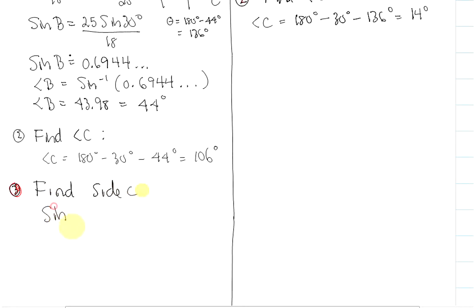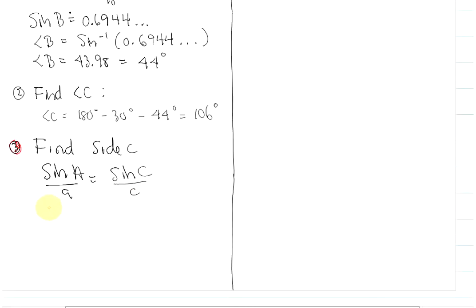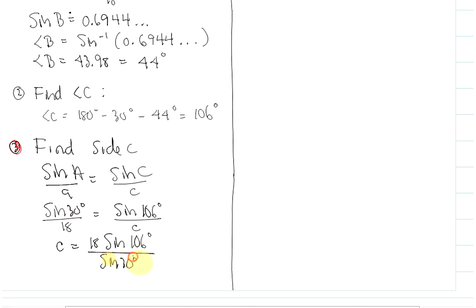and I'm going to use sine of A over A equals sine of C over C. And so I'm going to go for sine of 30 degrees over 18 equals sine of 106 degrees over C. So C is equal to 18 times sine of 106 degrees over sine of 30 degrees.